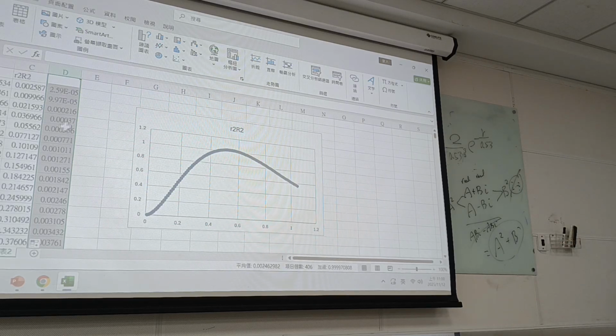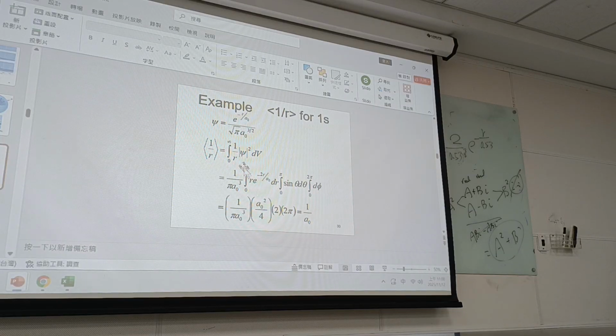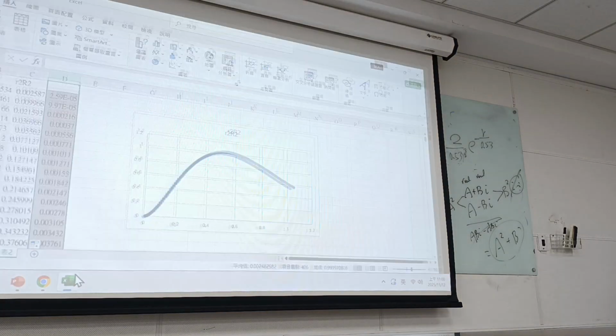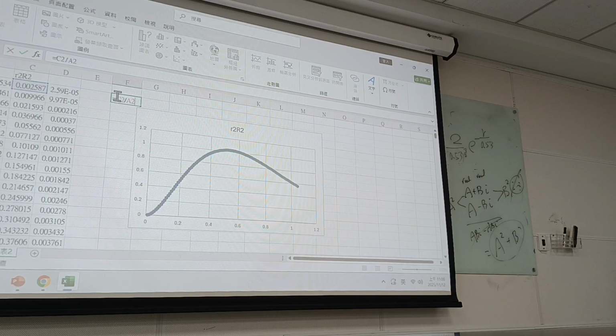So if I want to get the mean value of 1 over r, then I need to multiply this by 1 over r.